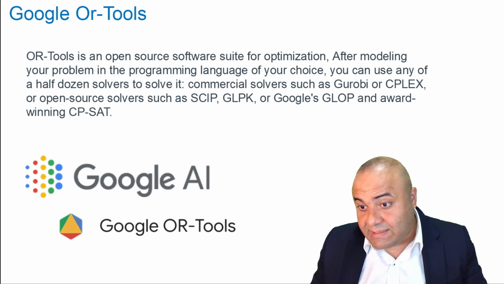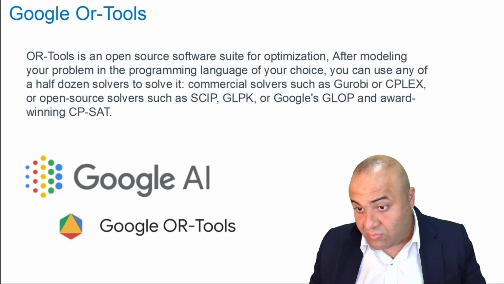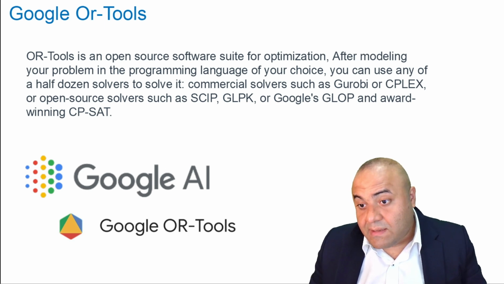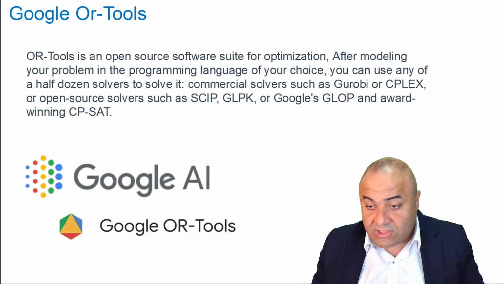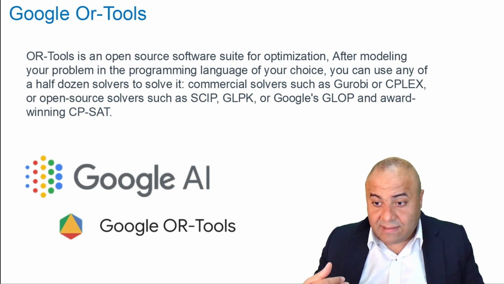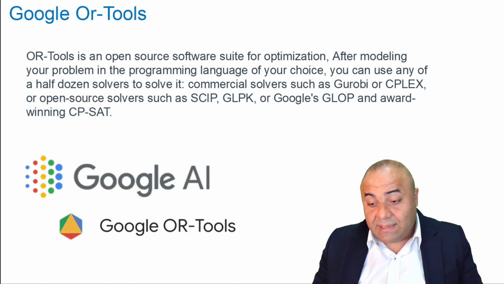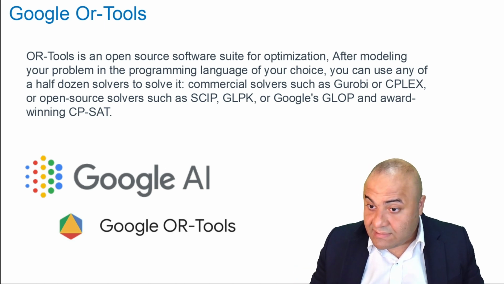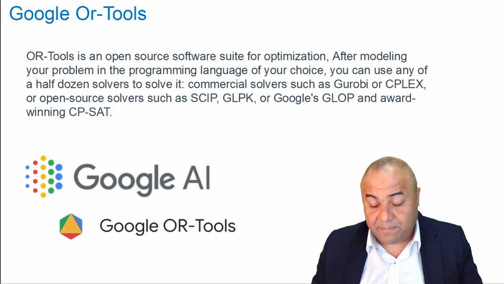And Google OR Tools is an open source library made by Google, as the name says. Google offers this library in order to solve optimization problems using a standard way of declaring variables, declaring constraints, and setting the model, as well as solving and getting out these results after solving them.